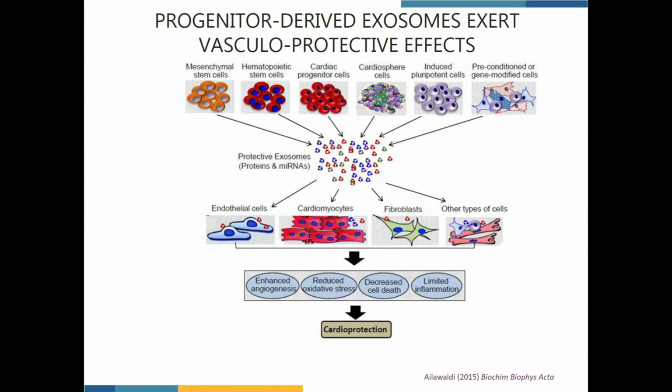So they reduce oxidative stress, they promote angiogenesis, reduce inflammatory processes. So very potent. They seem to almost entirely recapitulate, in many cases, the protective effects of the cells of origin. And of course, that gets around many of the concerns with cell therapy as well. So it's been very appealing in regenerative medicine.